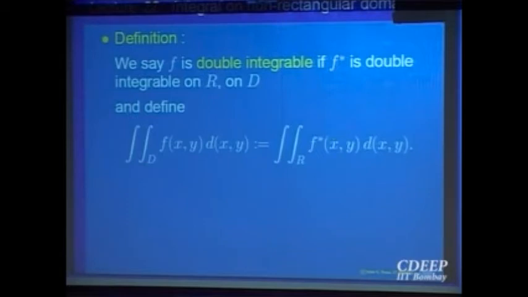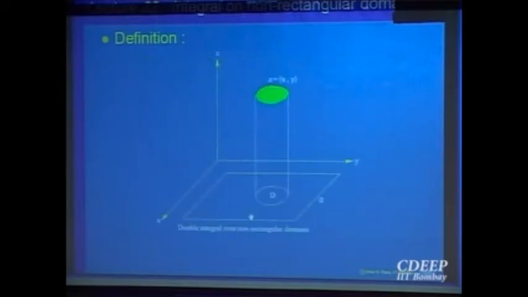It doesn't matter which rectangle you choose, it is going to give you the same answer. It is independent of R. I have already shown you that outside you put it 0, so f star is equal to 0 on the outside portion.